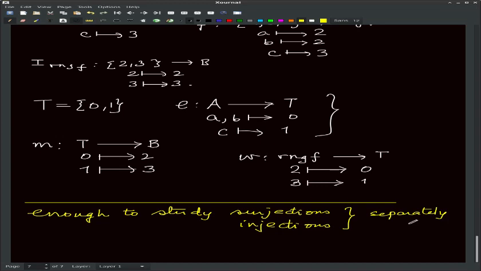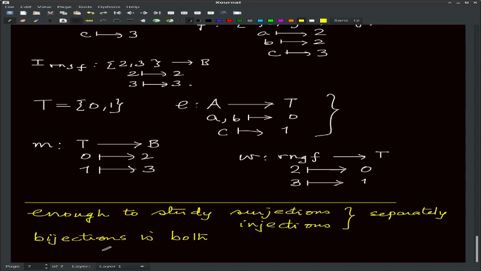And then obviously bijections is both of these. So bijections is not the common ground, it is both. And that's all. The properties of every function come out from studying the properties of surjections and the properties of injections separately.